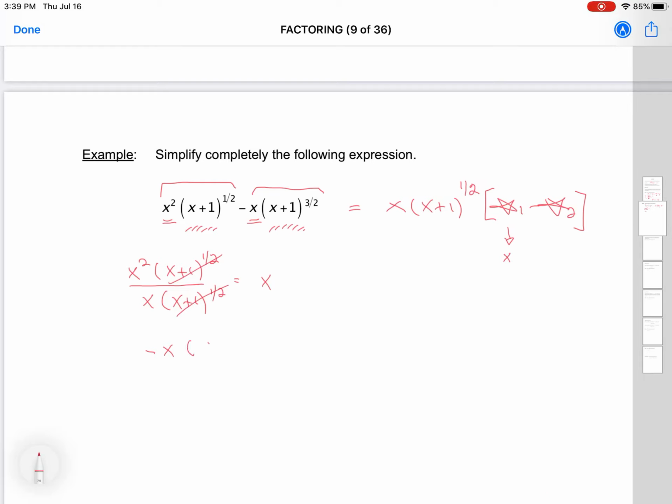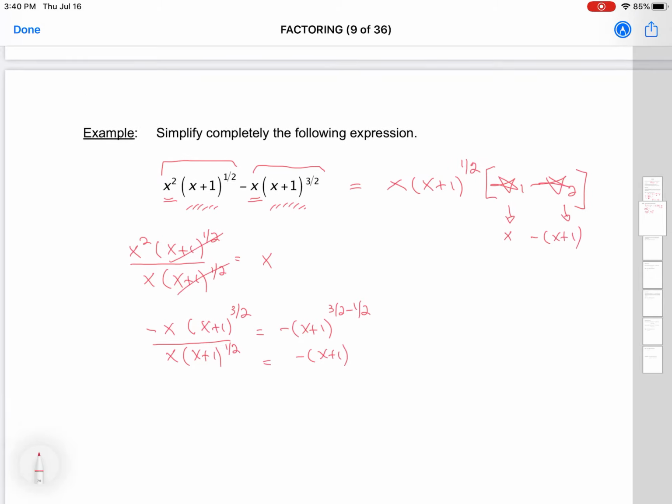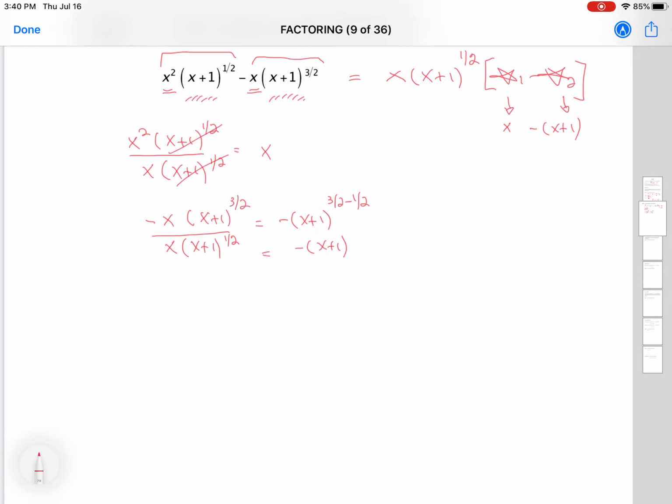Star 2: minus x times x plus 1 to the 3/2, over x plus 1 to the 1/2. This time the x's go away, and we find ourselves with x plus 1 to the 3/2 minus 1/2, again by the rules of exponents, and that's minus x plus 1 to the 2/2, or just 1. So that's minus x plus 1.